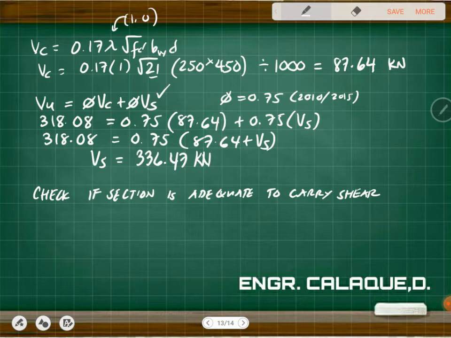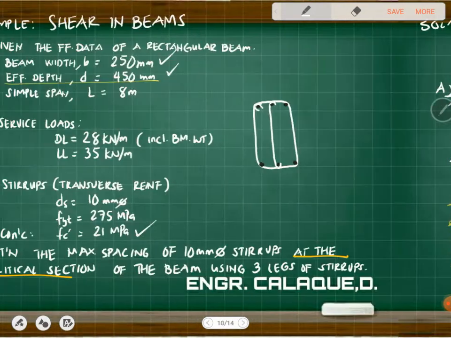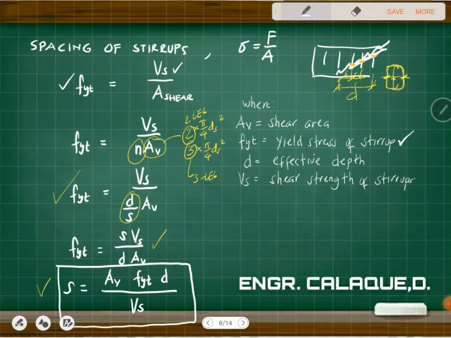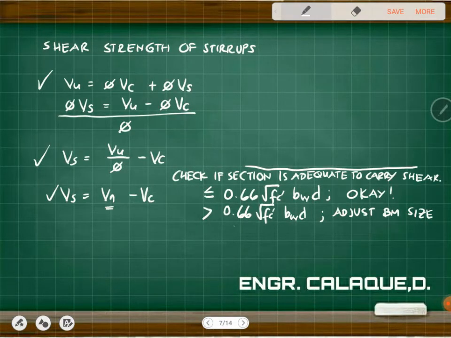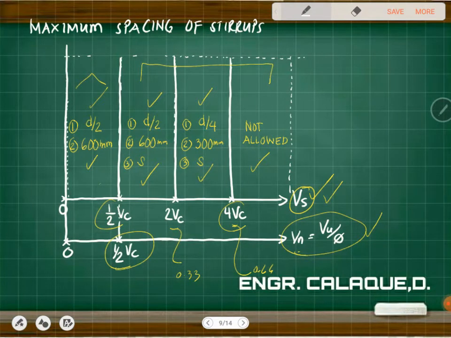So, check lang natin yung VS. Dapat less than siya or equal nung 0.66, diba? Ito, pero this is 2001. Pero sa 2010 or 2015, 0.67 yung gagamitin. Okay? Sa 2001 is 0.66. So, 0.67 yung gagamitin ko.